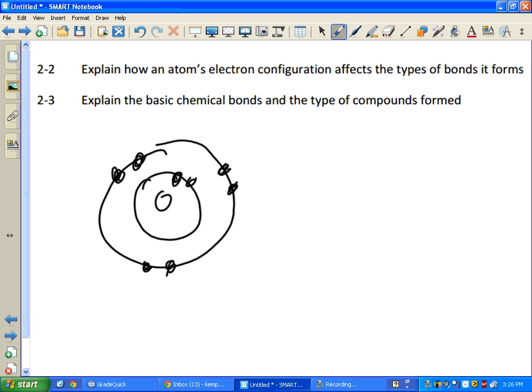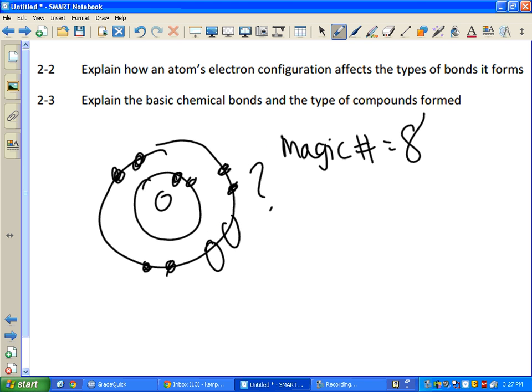Okay, so what you need to know is how many bonds is oxygen going to form? So you need to remember that the magic number is 8. And so that means if I have 6 in the valence, that means I have 2 holes there, and that means I'm going to form 2 more bonds. I'm going to bring in 2 electrons somehow.